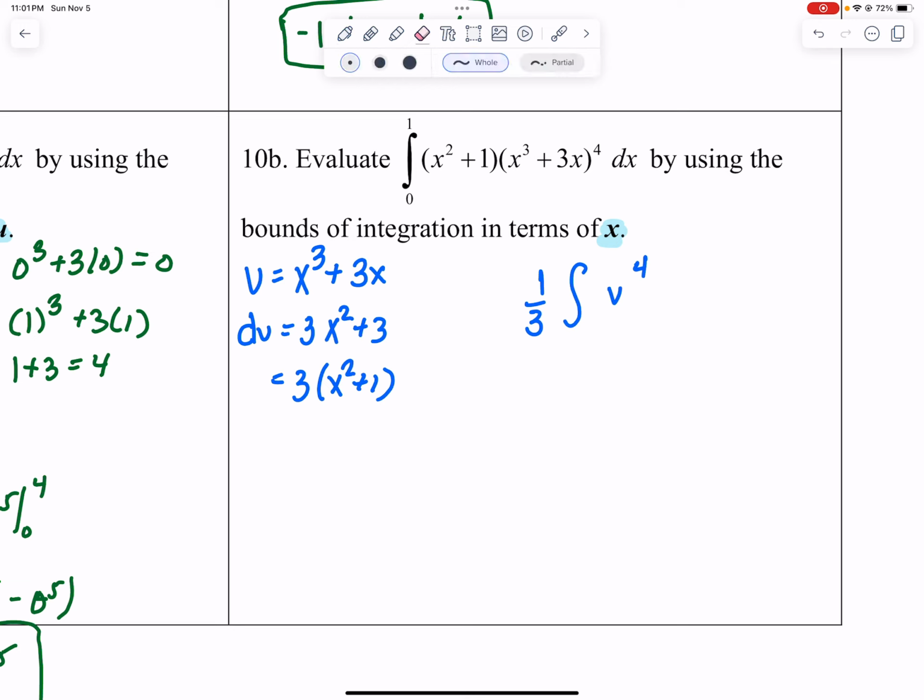Now, because you have u to the 4th, I can actually now substitute in u with x cubed plus 3x. So this is going to be x cubed plus 3x to the 4th dx. And then my bounds are still going to be from 0 to 1 because my variable is in terms of x.